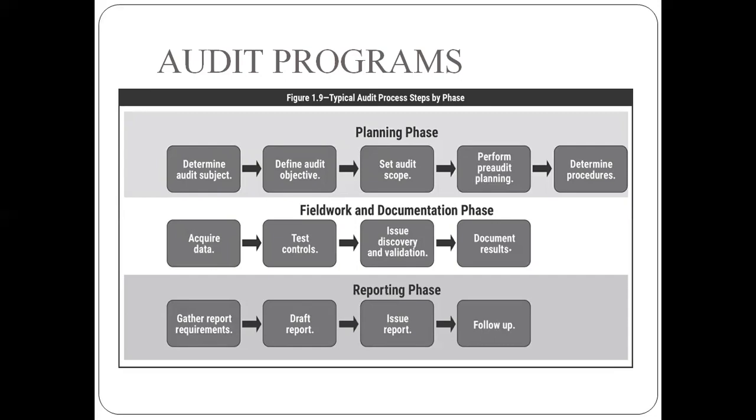For the planning phase, we need to know the audit subjects, determine the audit objectives, determine the audit scope, and perform pre-audit planning. We determine areas with various risks, document the audit area and so on. Then we determine procedures. If we are able to do all this, we are able to plan the audit, then we can move to the field.